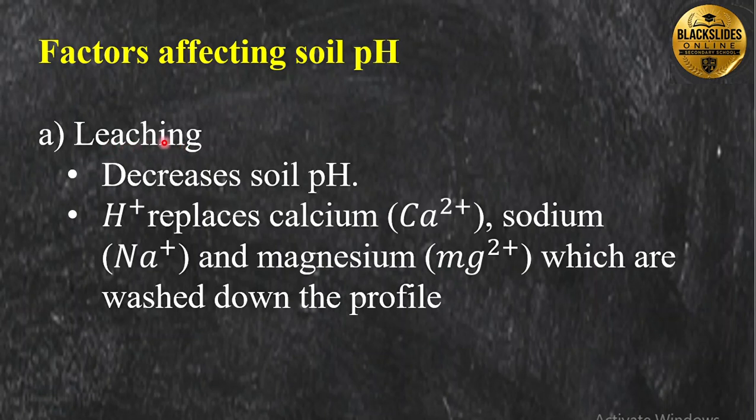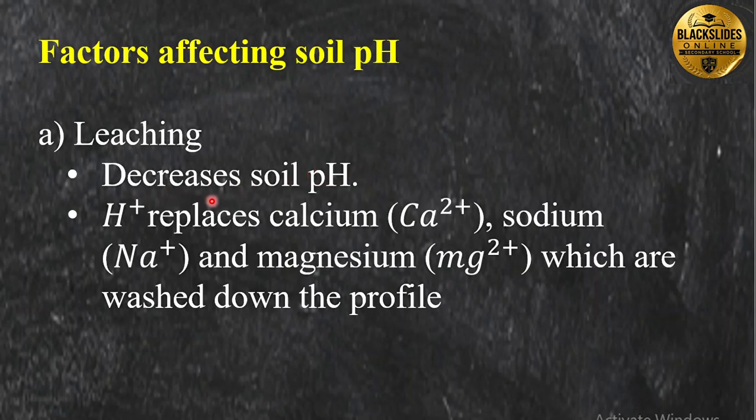Leaching is the washing away of the minerals in the soil. So when mineral salts are washed away, the pH of the soil will decrease. So leaching is one of the factors affecting soil pH. It decreases soil pH.